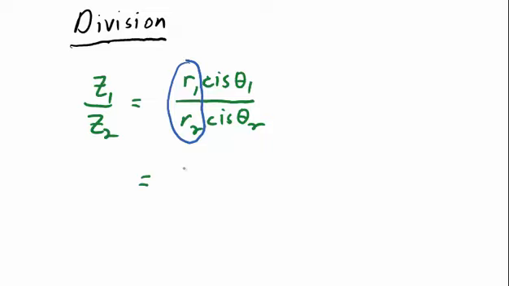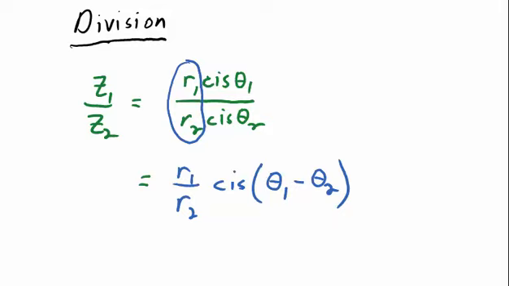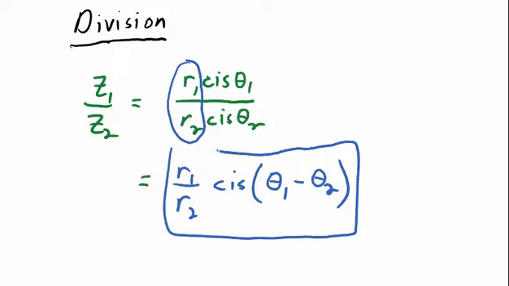So it's just R1 divided by R2. And then if you had to guess, it would be cis of, well, multiplication reduced to addition. So maybe division will reduce to subtraction. And that's what it does. So that's the formula. That's the one for division.